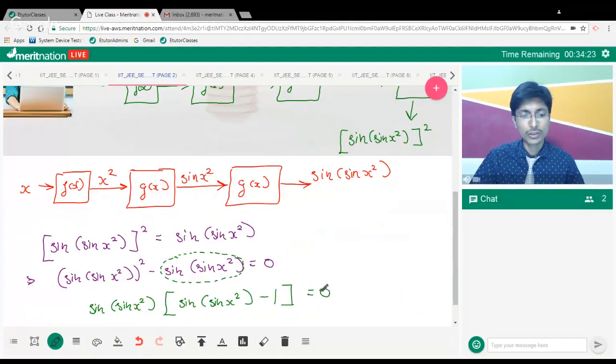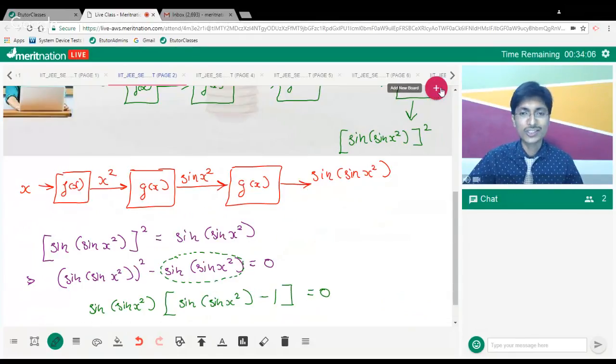equals to 0. Now this has converted into a very similar thing which we have done in many of the questions. Like if two quantities are 0, their product is 0. So either A is 0 or the second quantity B is 0.